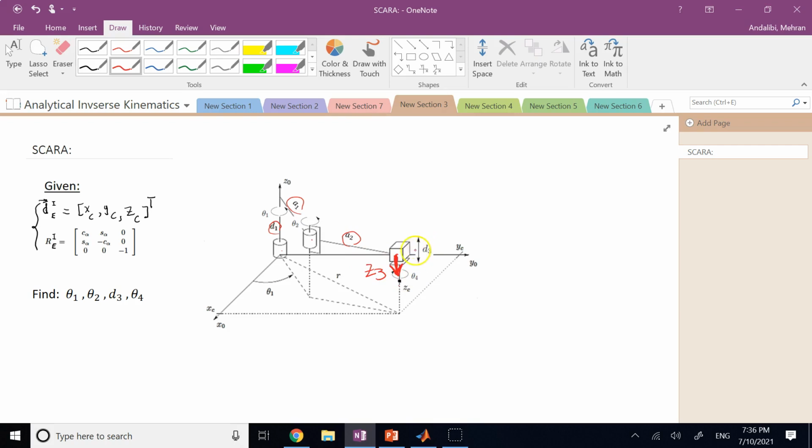So positive d3 means this goes down. So clearly we can say that z of c is equal to what? d1 minus d3, right? Because when d3 gets bigger and bigger, your z is going to go down and get closer and closer to the ground. So clearly from here you can find your d3, which is the first unknown.